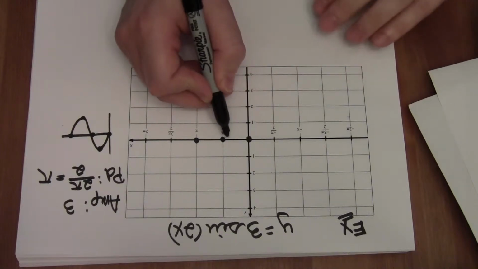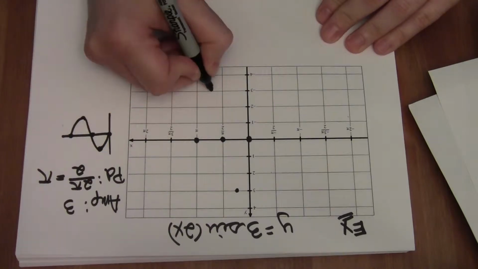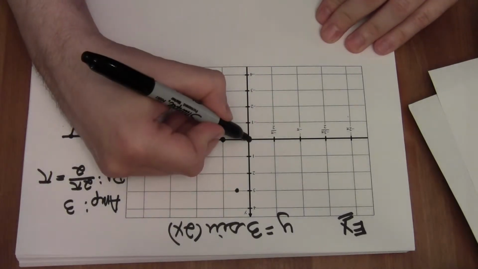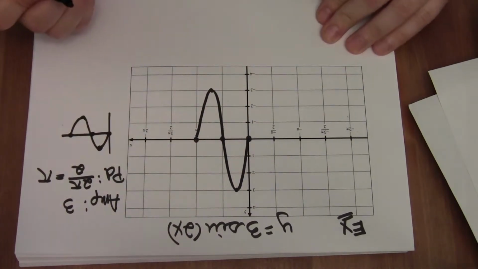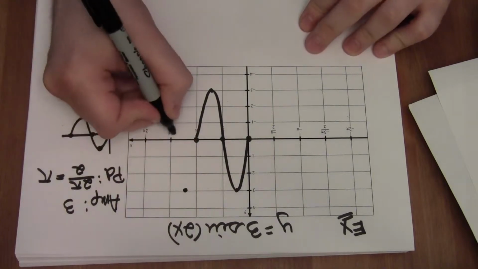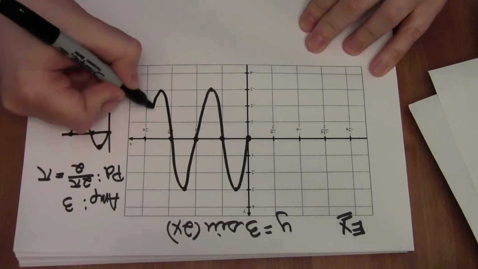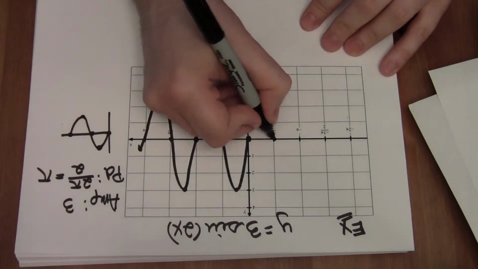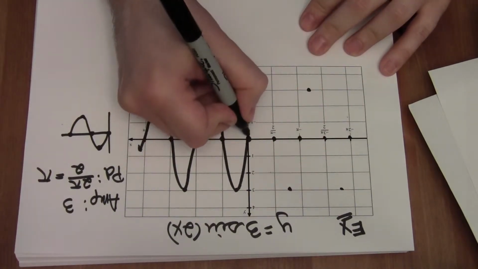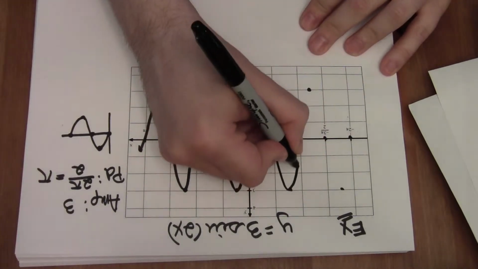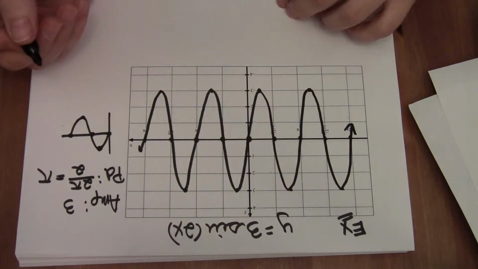Halfway between those first 2 points, I should be at my highest y value, or 3, and halfway between the last 2 points, I should be at my lowest y value, or negative 3. One period of this function looks like this. Now I'm just going to extend it to fill my entire grid. Y equals 3 sine 2x will look like this.